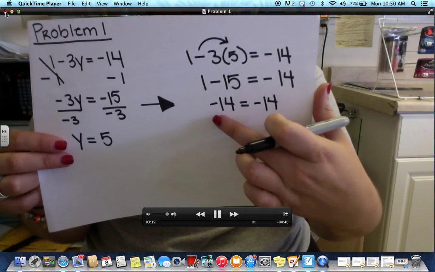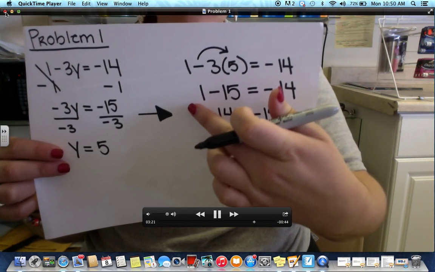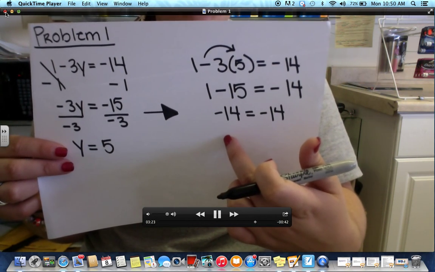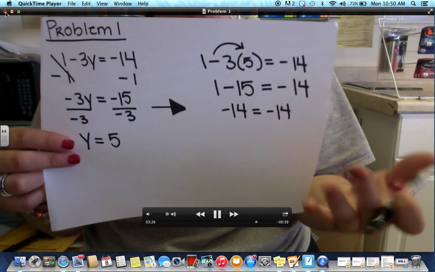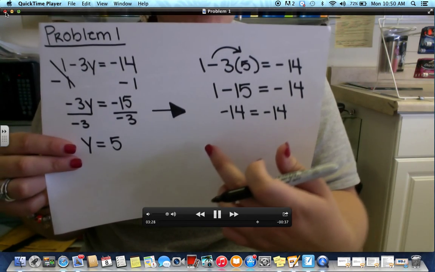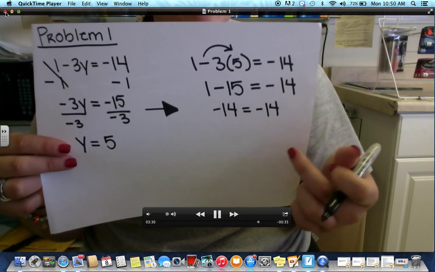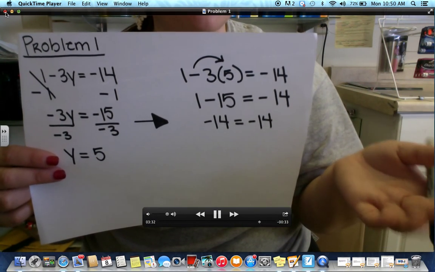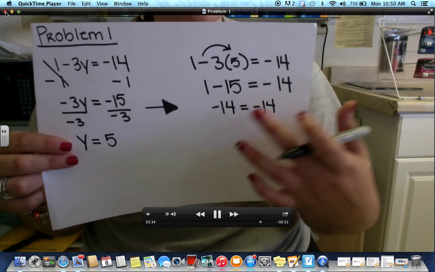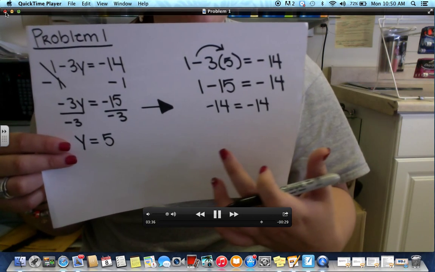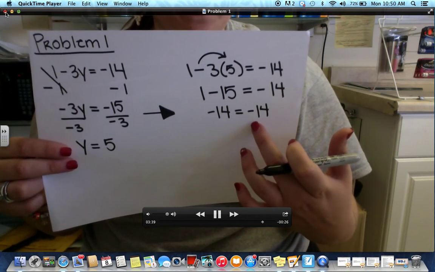However, if -14 equals -14, you know it's the correct answer. If you don't get -14 equals -14, then you did something wrong, and you have to solve the problem correctly in order to get to this part.